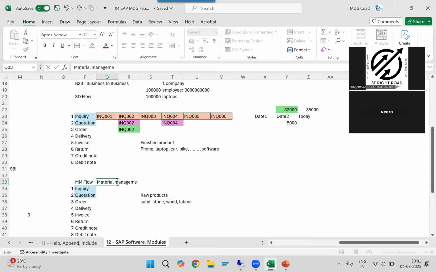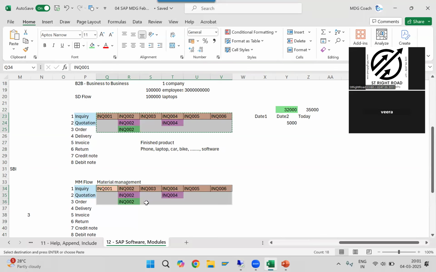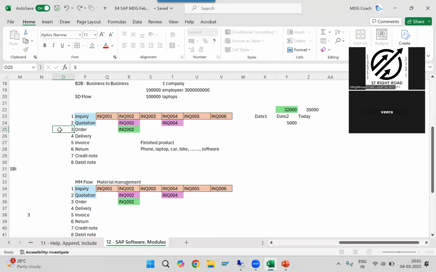Material management. So from your company, the purchase team will go to 10 vendors and they will get a quotation. Out of these, you are going to review the quotations and finalize one. Here, the terminology is different. In SD it falls under sales order.